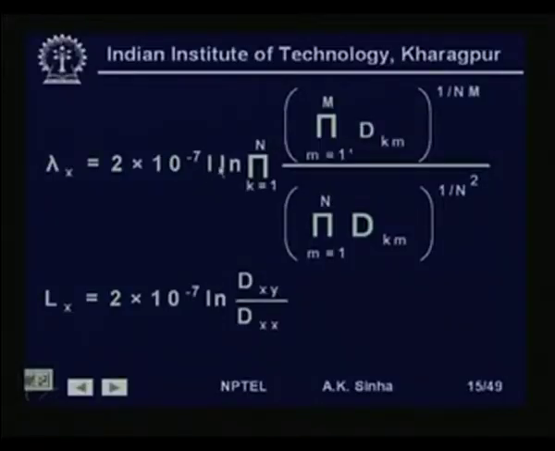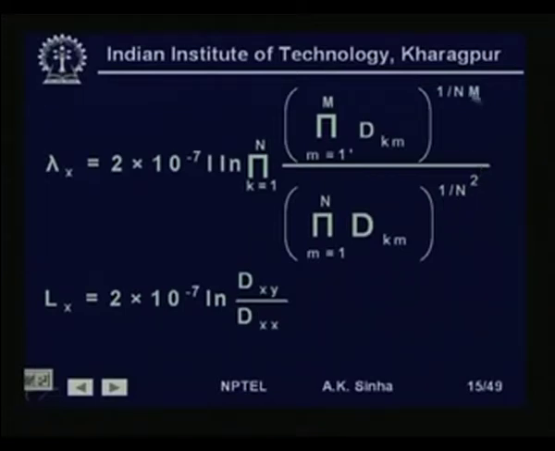That will come out to be 2 into 10 to the power minus 7 into I into ln of the product from k equal to 1 to n of the product from m equal to 1 dash to m dash of d k m, that is distances from subconductor k to subconductor m, to the power 1 by n m, divided by the product from m equal to 1 to n of d k m, that is from subconductor k to m, to the power 1 by n square.